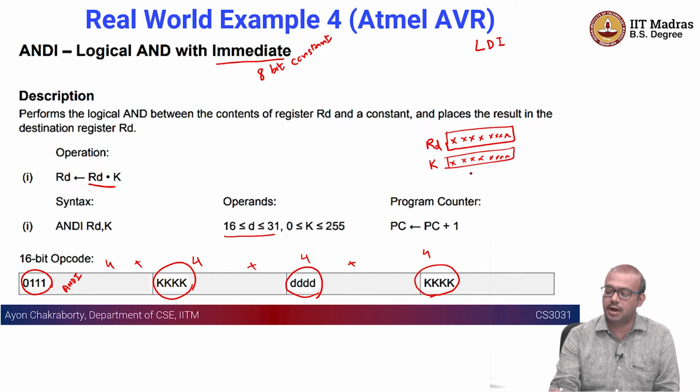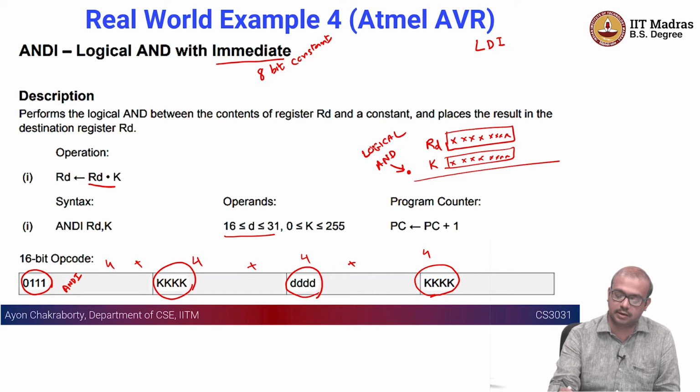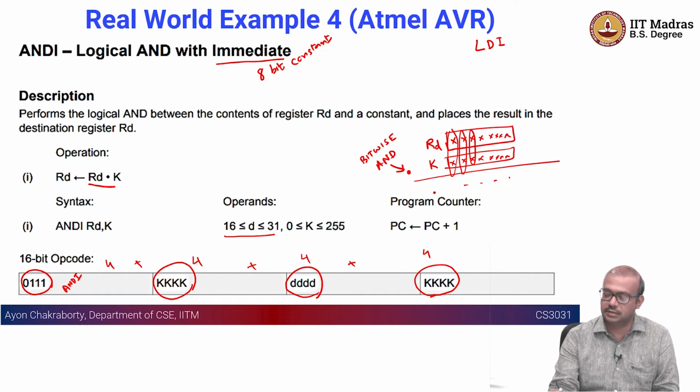You do a bitwise AND, so this bit is ANDed with this bit, and so on, and the result is again loaded in RD.